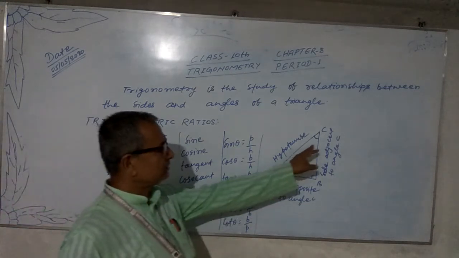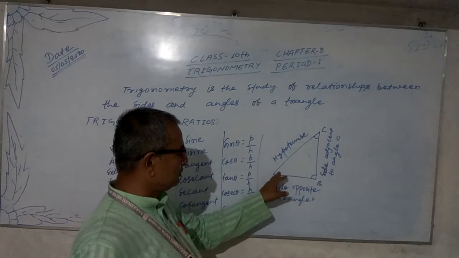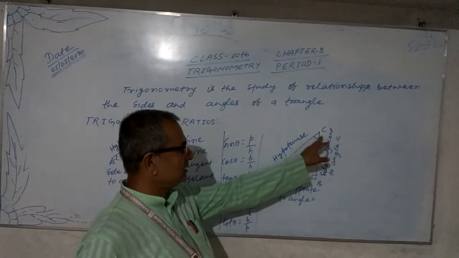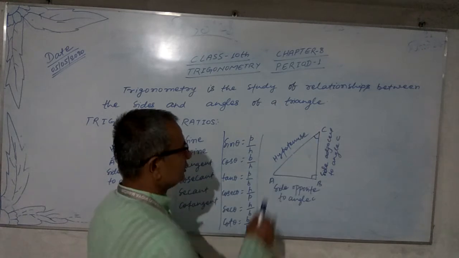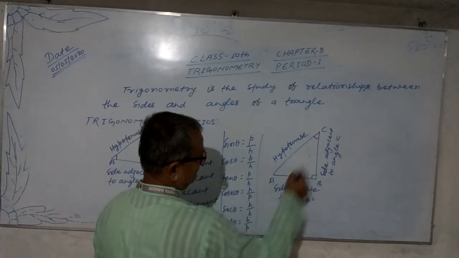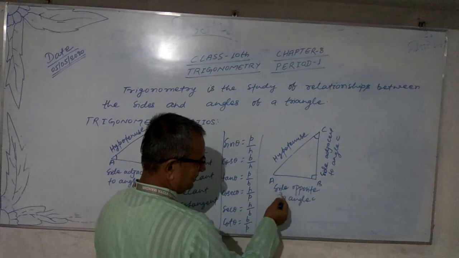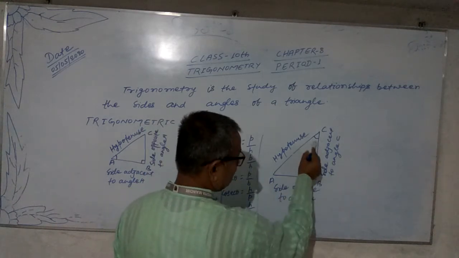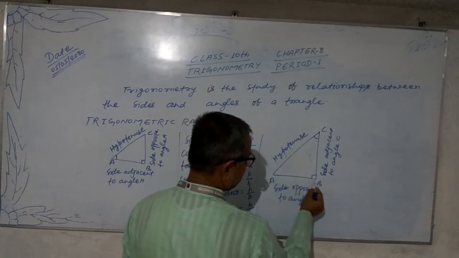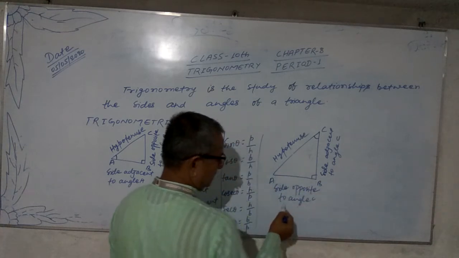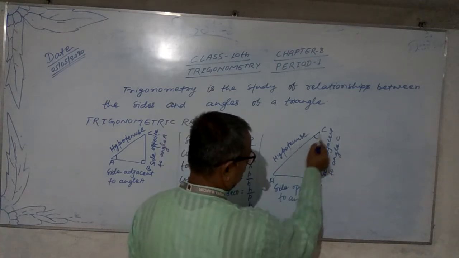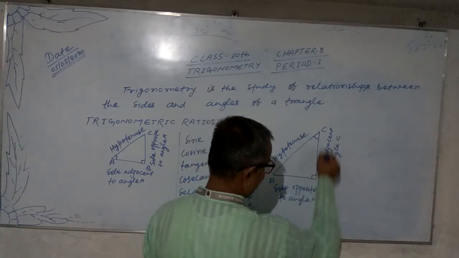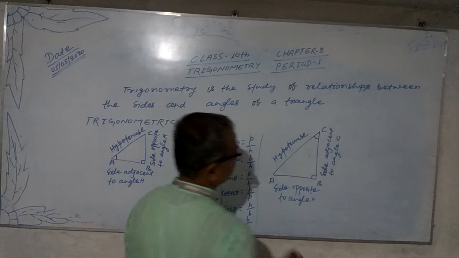Similarly, if the acute angle changes, in this figure we see that for this angle C, this is the side AB, side opposite to angle. For this angle, this is perpendicular, and for this angle, side adjacent to angle C is base.